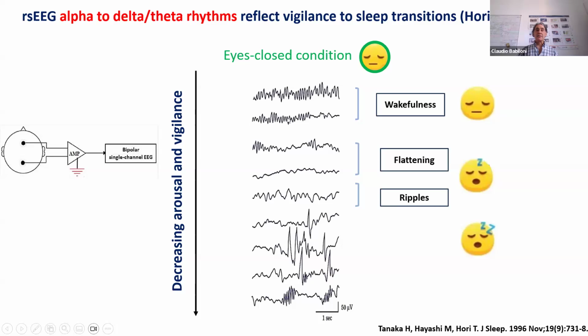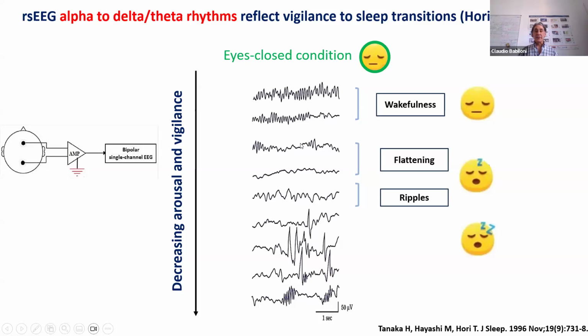But from the same channel of EEG recording, there are some changes in alpha rhythms. You see some decrease in amplitude, some desynchronization of alpha rhythms during the transition to drowsiness.